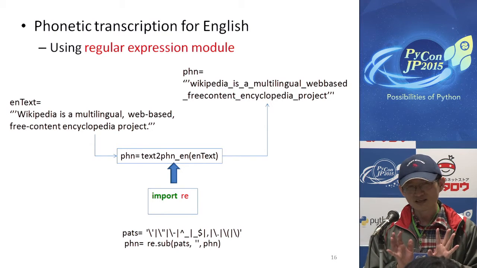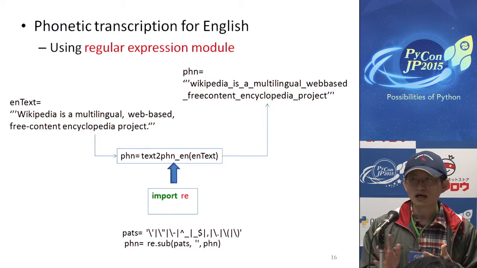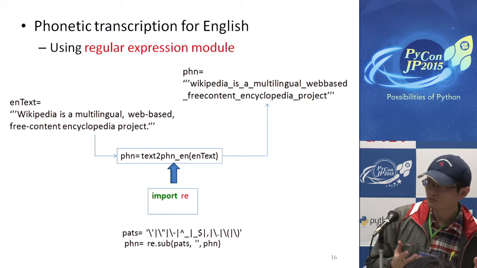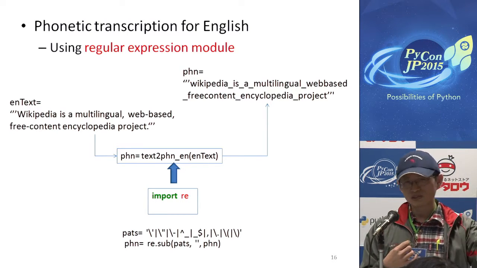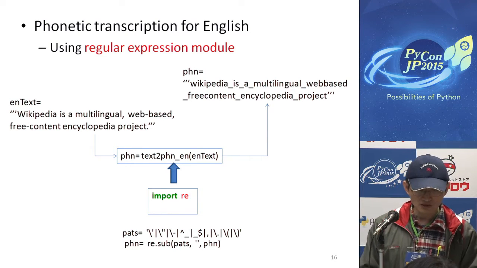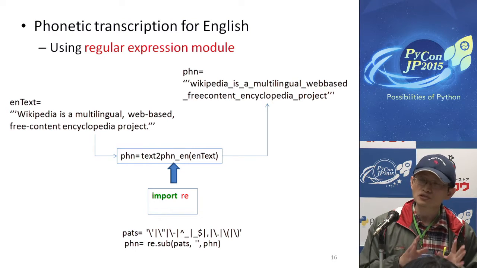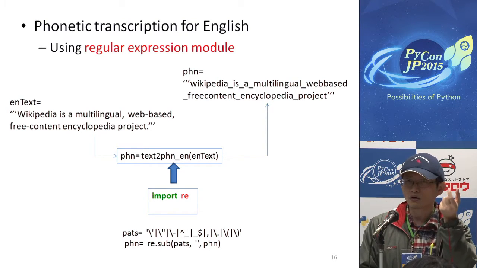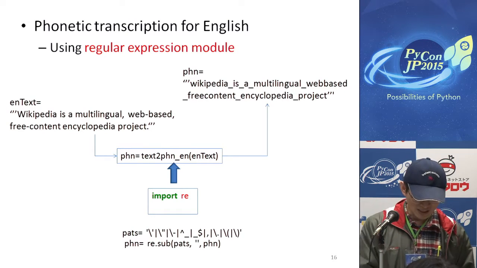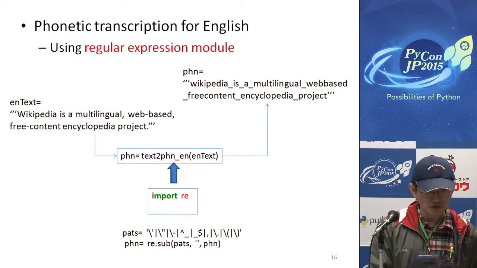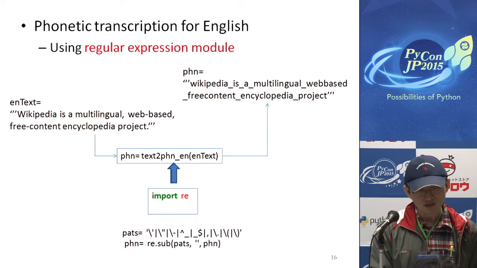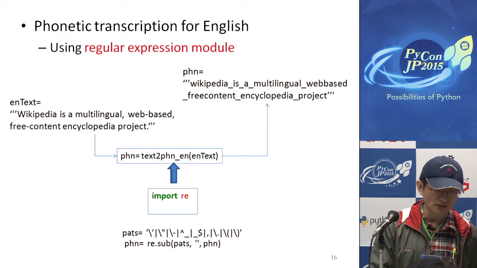It is a kind of approximation, if you allow such an approximation. Of course you can call some cloud technology and do some IPA transcription, but in our system, we do not do that. We just use the English character, or the Roman character, as a phoneme itself. And so far, so good. So this is the simplest case. We just use the English characters themselves, and use Python's regular expression module to do that.